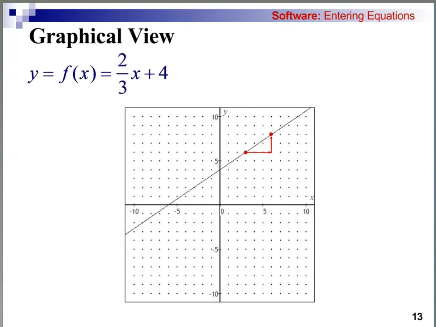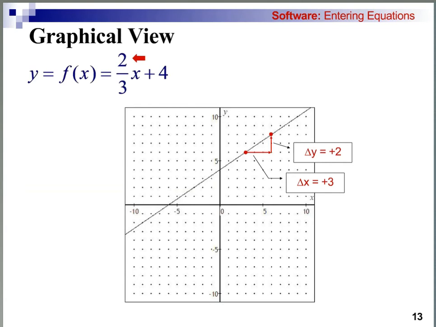Because the slope of the line is 2/3, we know that to get from one point on the line to the next, the change in x has to be +3, positive because it moves to the right. When we move 3 units to the right on the x-axis, to get back onto the line, we have to move 2 units up. So the change in y, or delta y, is +2, and it's positive because we're going up.